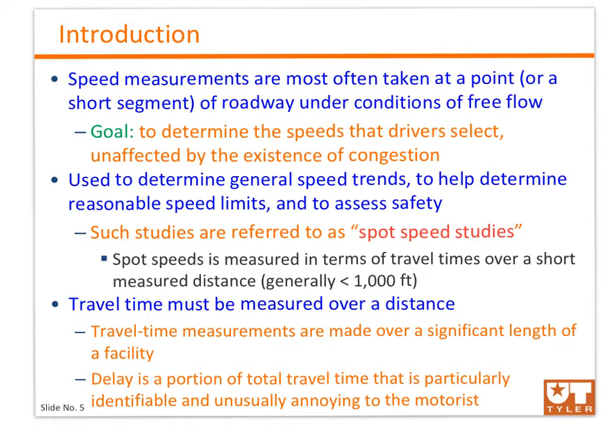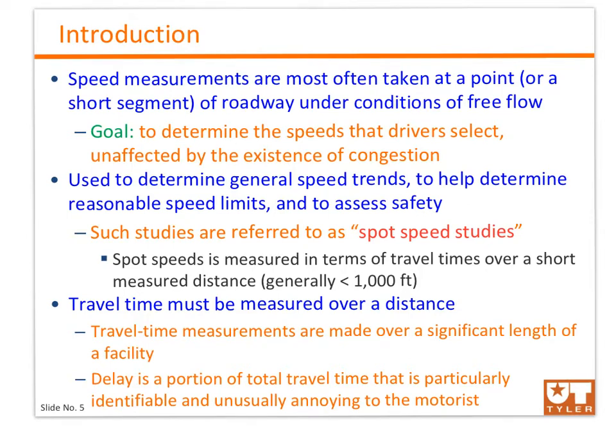Once you have congestion, that would not be a good candidate for a speed study. The speed study is also used to determine general speed trends in order to help determine reasonable speed limits, as well as to assess safety issues.